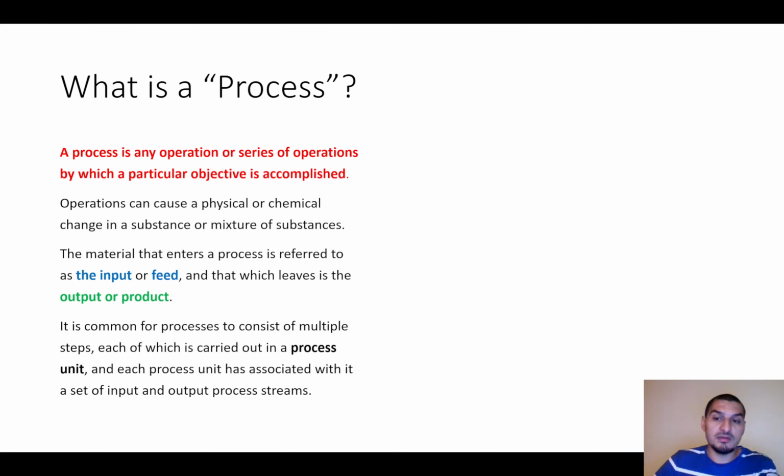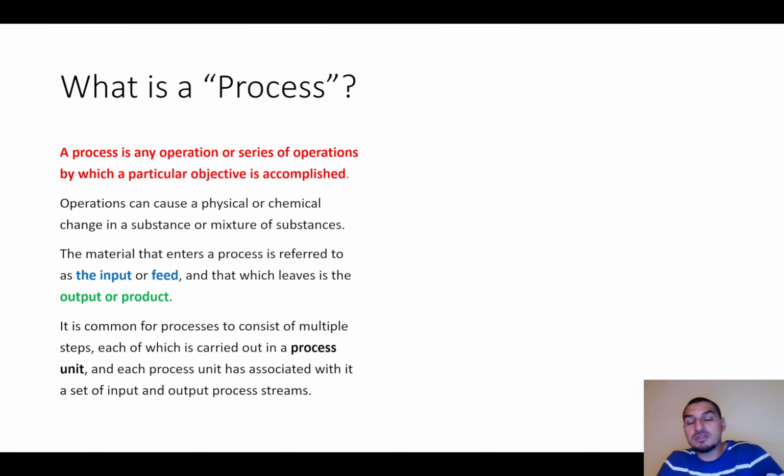So the input goes to the first step, then the next, then the next, then the next. So to make it clear, let's take a very simple and very popular example that would make things much clearer. I know what I said might not be very clear, so I'll talk about the example and then I'll revisit what I just mentioned here again.